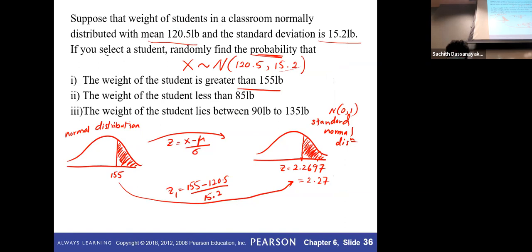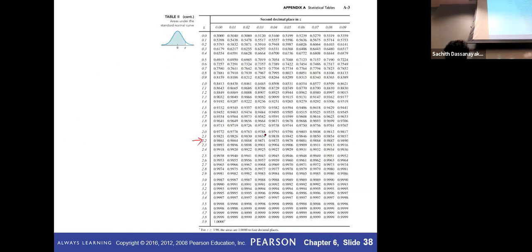That value is going to be 2.27. So let's find 2.27. 2.2 is here, plus 0.07 here.